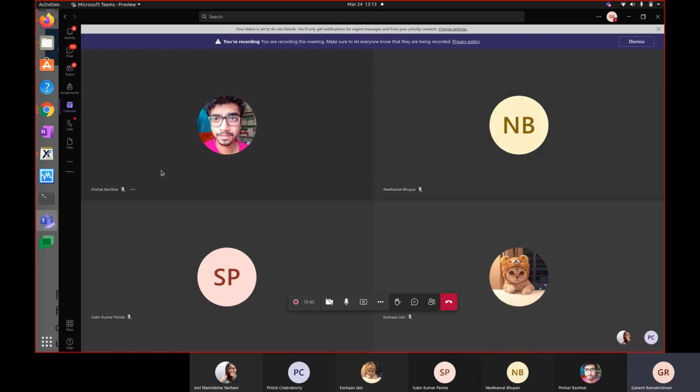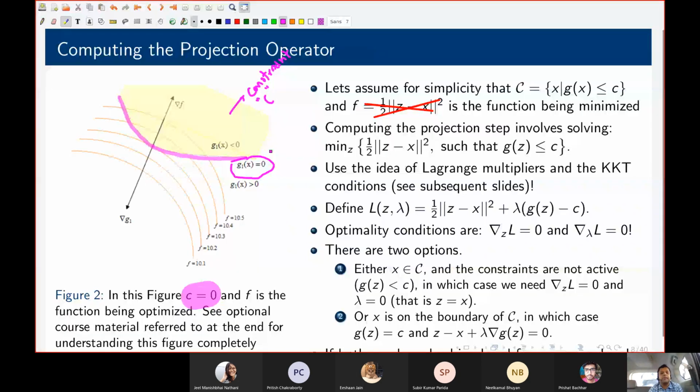Therefore, in order to ensure that you're not able to further decrease the function value f while still honoring the constraint g, we have the second condition.